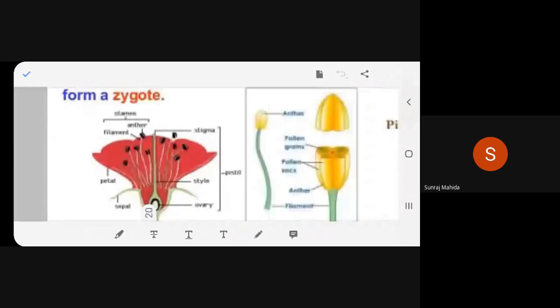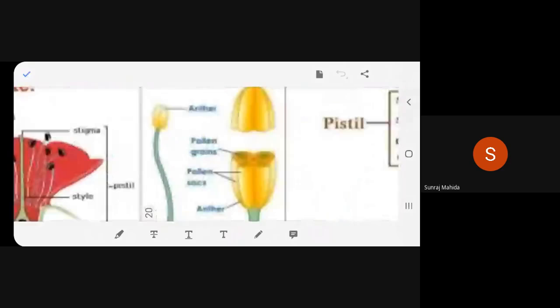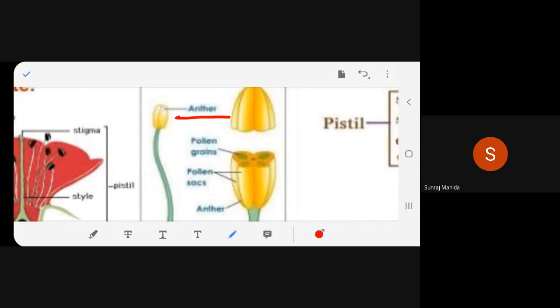Now we do detailing. This one is anther. And this one is filament. Okay. Now inside the anther, what do we have, beta? What can you see?